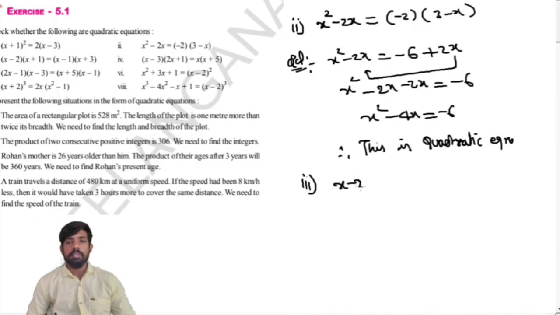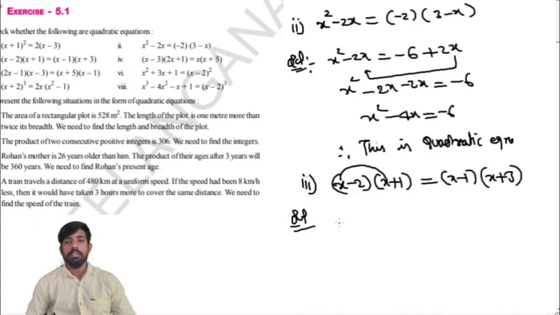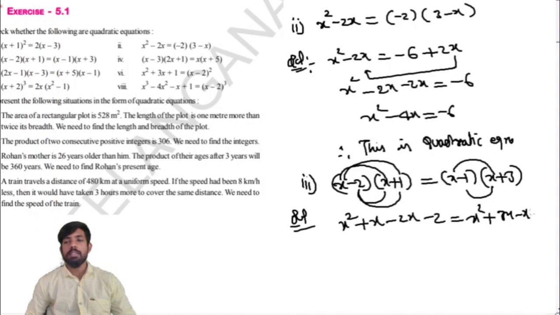Next, third question. We have x minus 2 into x plus 1 equals x minus 1 into x plus 3. From here we can write x into x square, x into 1 is x, minus 2 into x is minus 2x, minus 2 into 1 is minus 2, equals x into x square, plus x into 3 is 3x, minus 1 into x, minus 1 into 3 is minus 3.